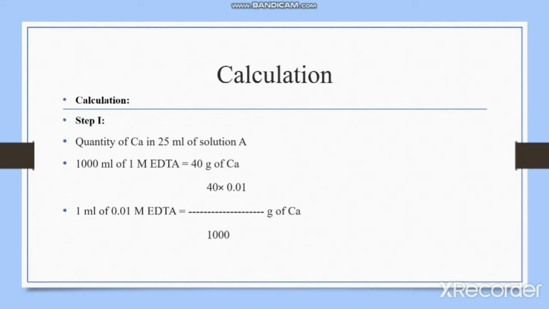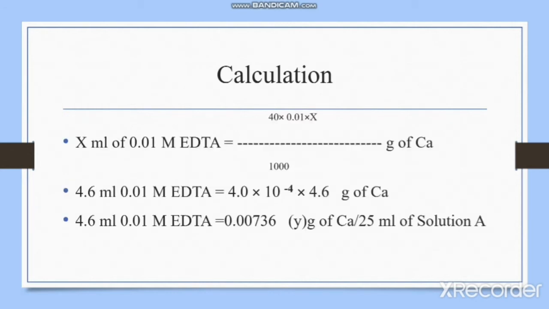Calculation. First step: the quantity of calcium in the 25 ml of sample solution. 1000 ml of 1 molar EDTA is equal to 40 gram of calcium. Therefore, 1 ml of 0.01 molar EDTA is equal to 40 into 0.01 divided by 1000 gram of calcium, and x ml of 0.01 molar EDTA is equal to 40 into 0.01 into x divided by 1000 gram of calcium. x means our burette reading.